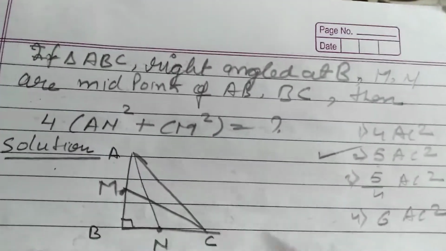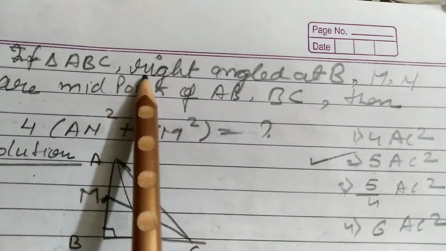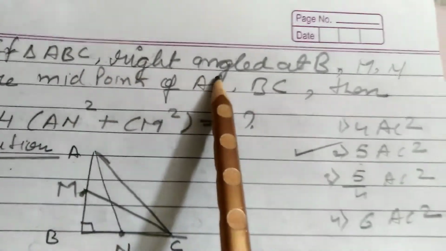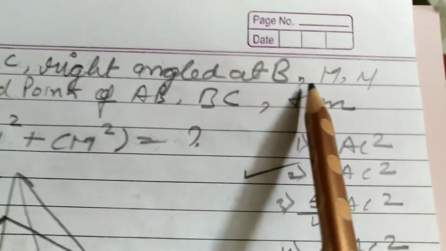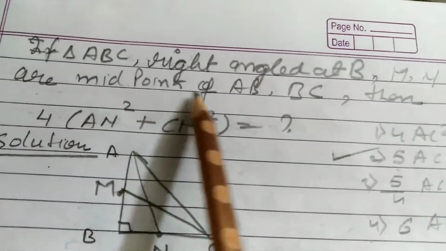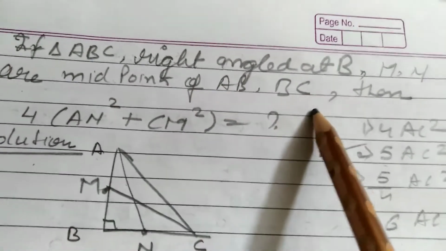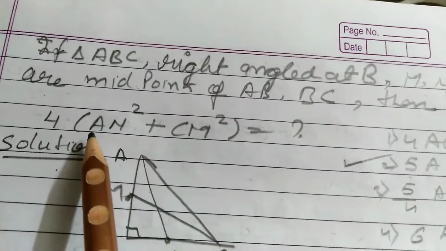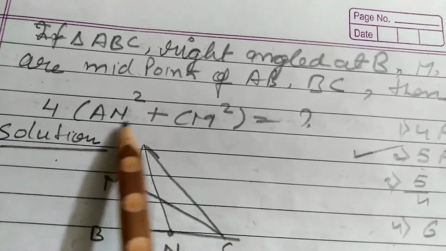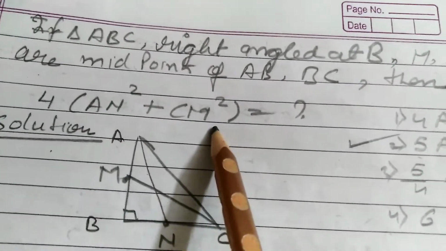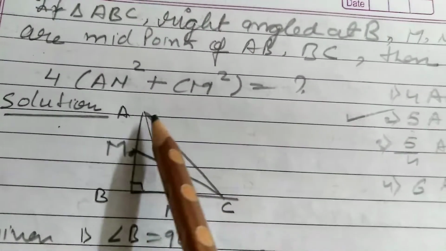Question number 3: if triangle ABC is right angled at B and M and N are the midpoints of AB and BC, then we need to find the value of 4 times (AN square plus CM square). Now look at the diagram.